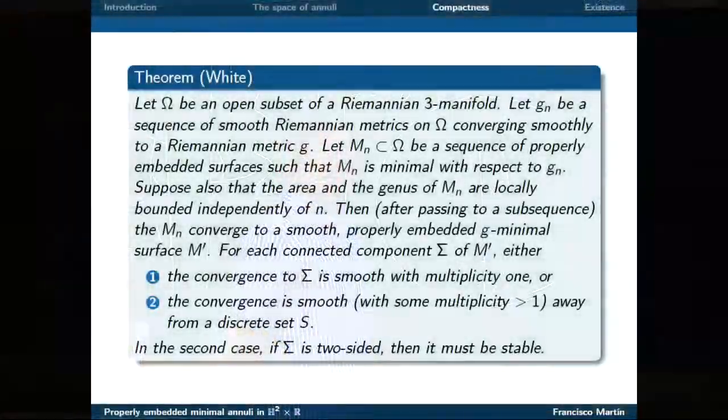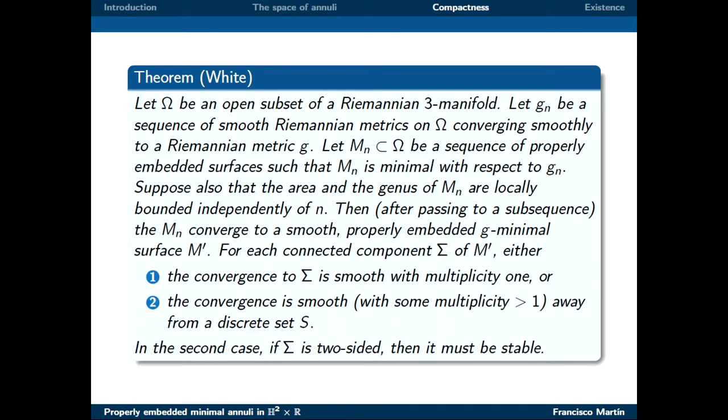And then I use this theorem, again by Brian White, saying that in these circumstances, you need bounds about the area, which I have because the set Z is empty, and also bounds about the genus. But in my case, everything is quite simple because all the members of the family are annuli. Then you have one of these two things.